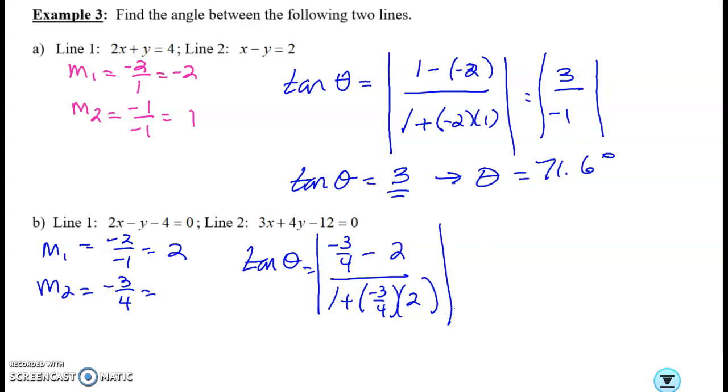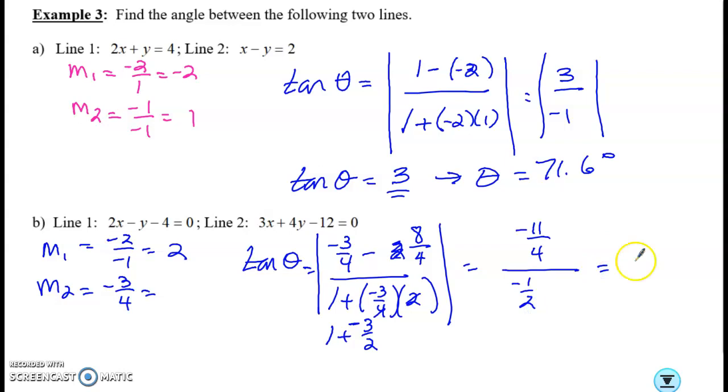So let's see, I'm going to get a common denominator for 2. That would be 8 over 4. So this would be -11 over 4. And down here, I have 1 plus 3 over 2. Actually, that's a -3 over 2. So I'm taking 1 minus 1.5, so that's -1/2.